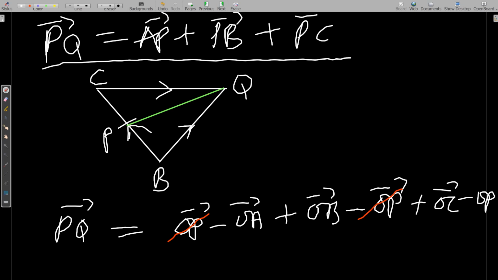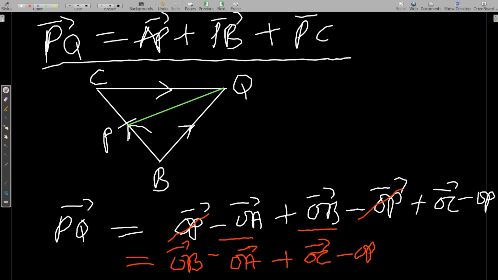So now this whole thing will be giving us minus OA plus OB, and I can write it as OB minus OA, right? I hope you can see what I'm writing here. OB minus OA. Then this is the same as plus OC minus OP. So this is how PQ has been simplified to OB minus OA plus OC minus OP using position vectors.